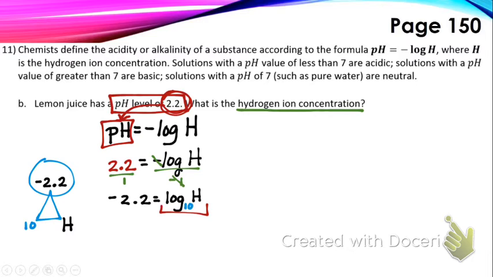So how could I rewrite this? 10 to the negative 2.2 power equals h. Can I pop that in my calculator now? Yes, I can. Put this in your calculator.